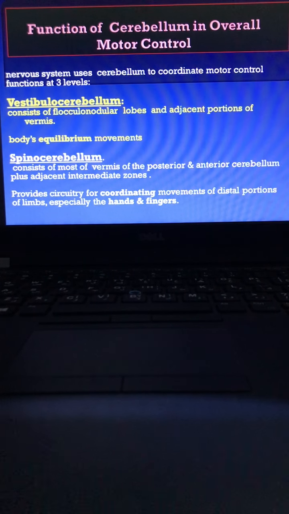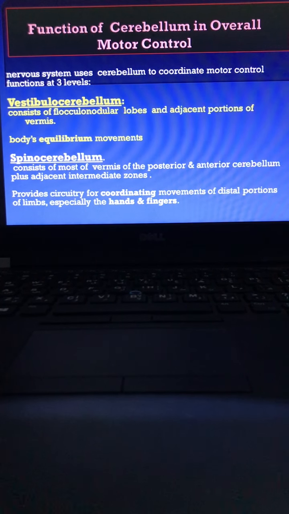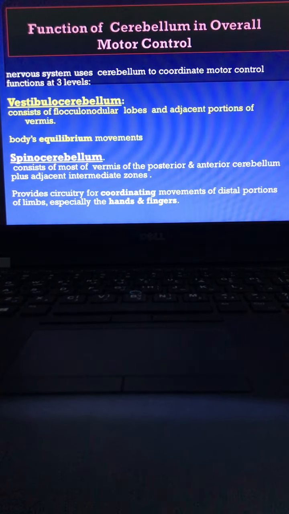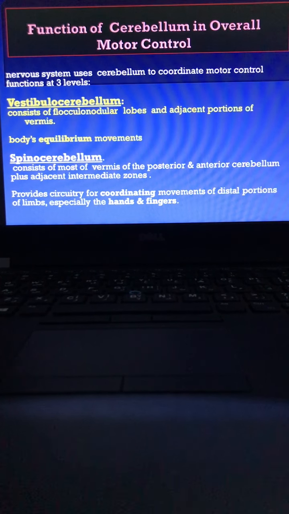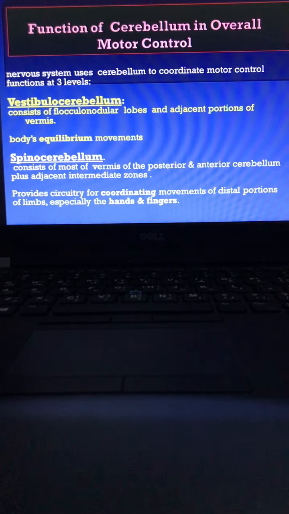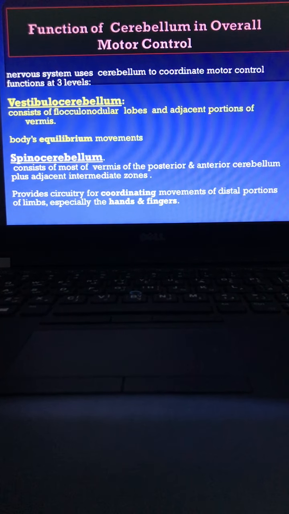Number 2, the spinocerebellum consists of most of the vermis of the posterior and anterior cerebellum plus adjacent intermediate zones, and provides circuitry for coordinating movements of distal portions of the limbs, hands and fingers.